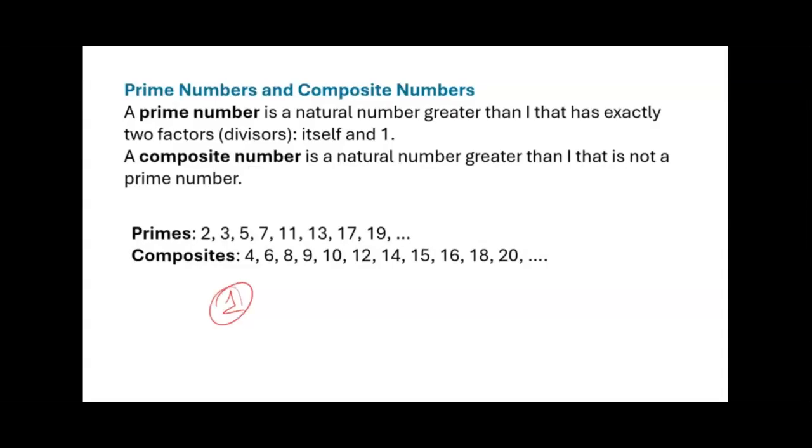Notice that 1 is considered neither prime nor composite, because by definition, any prime number has to be greater than 1, and any composite number also has to be. So 1 is neither prime nor composite. Sometimes we call it the unity, the unit. So it's like its own number in itself. In fact, the definition of prime says it has 2 divisors, but if you divide 1 by 1 and by itself, it's just that one number.